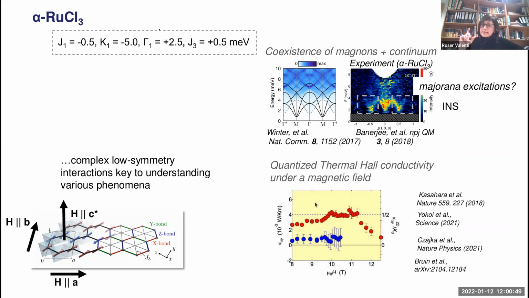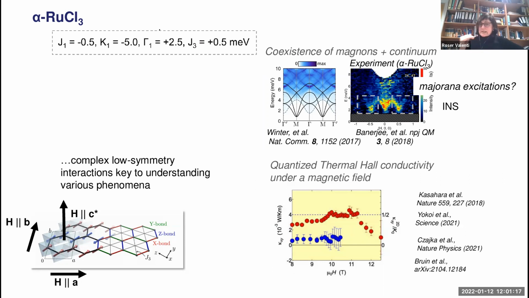In fact, if you take the purely Kitaev model and you put it in a magnetic field, and this was already done by Kitaev, then what you expect is that you are going to have a chiral spin liquid state. He then calculated the thermal Hall conductivity in this chiral spin liquid state.